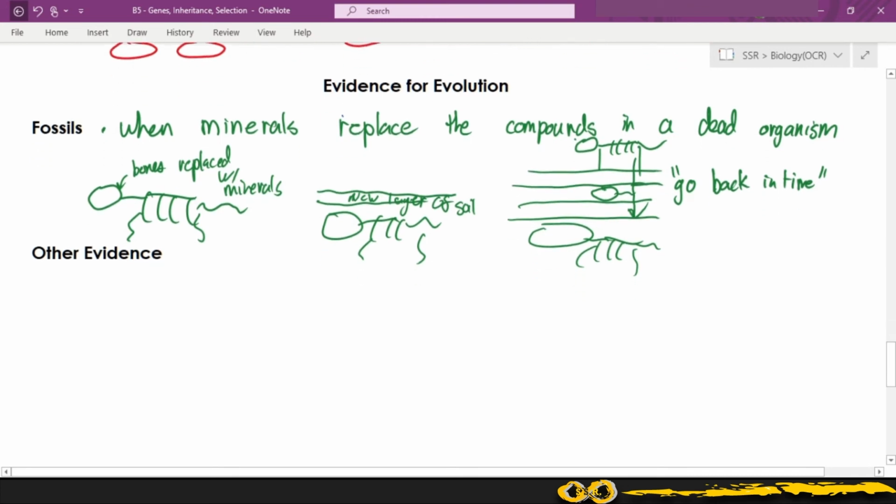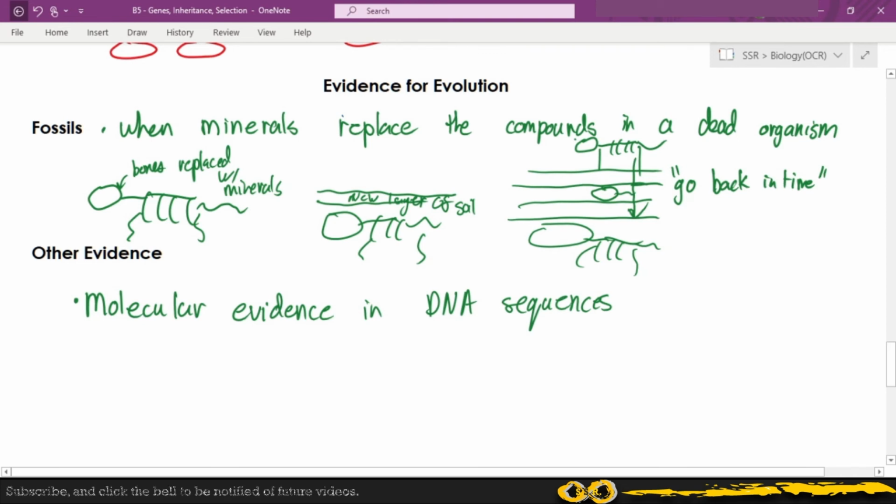You can also see this using molecular evidence, so using the DNA sequences of individuals. So you can trace back to when a particular mutation happened, and then you're able to see how that mutation has happened in a bunch of different species.